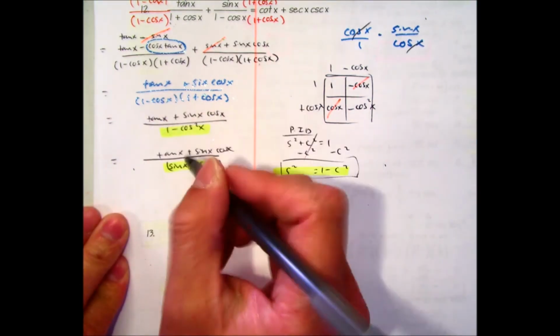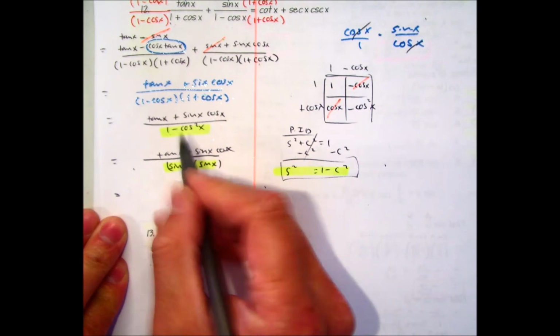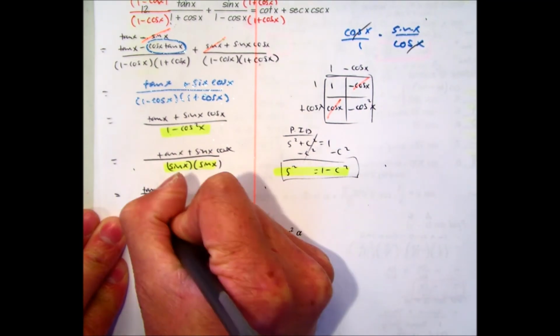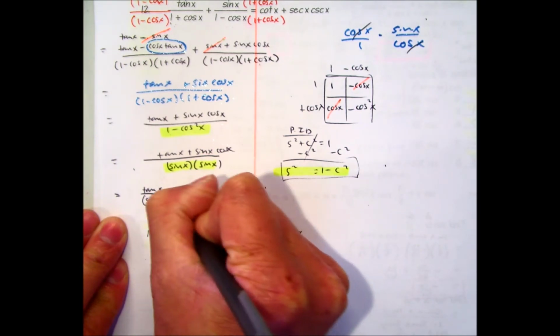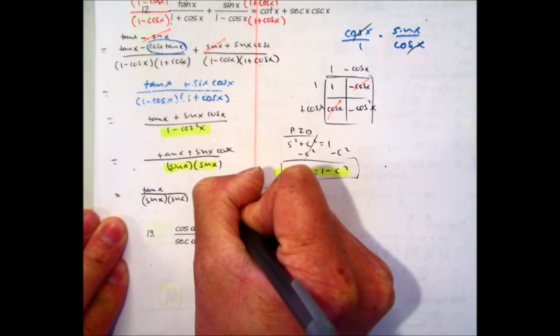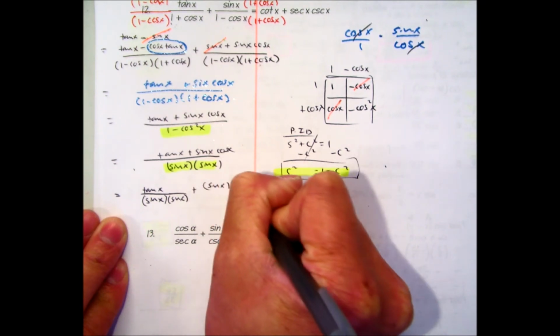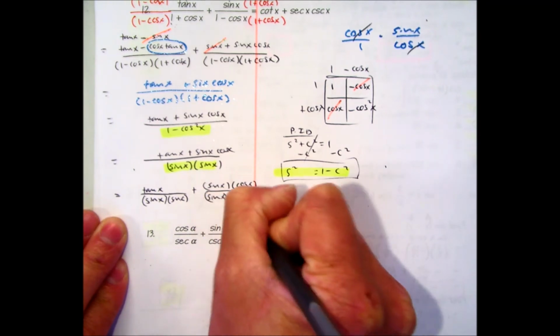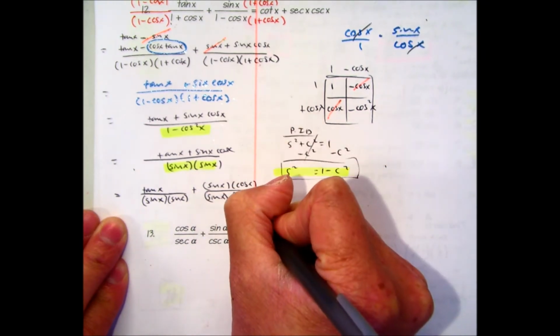And then here I'm going to separate it. I'm going to write tangent x over sine x, there's two of them, plus sine x cosine x over sine x sine x.